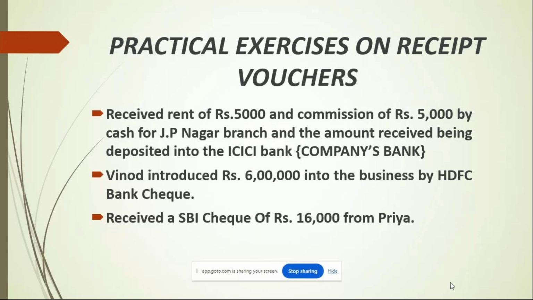So under which group can Priya come? Priya's ledger will be created under the group of sundry debtors. She is making a payment to the business of 16,000 rupees. So she is a customer who is making payment to us with regard to the services we have offered her.